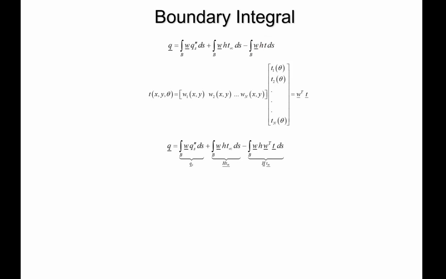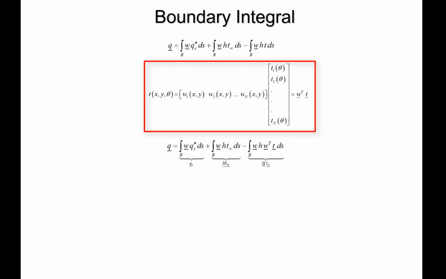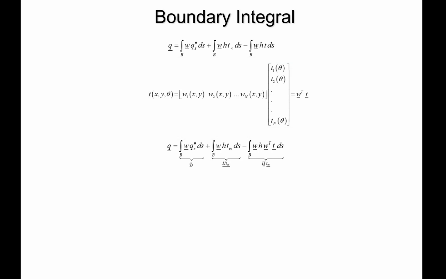Our formula for it is W transpose times the vector T, where W is all these interpolating functions, and the vector T is all the nodal temperatures. If I make that substitution into this last integration, I get this. I have a specified heat flux vector Q sub S, I have H times T infinity, which is also a vector, and then this last thing we're going to turn into a convection matrix H multiplied by the vector T.